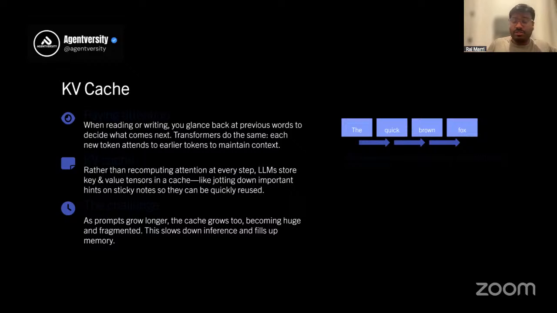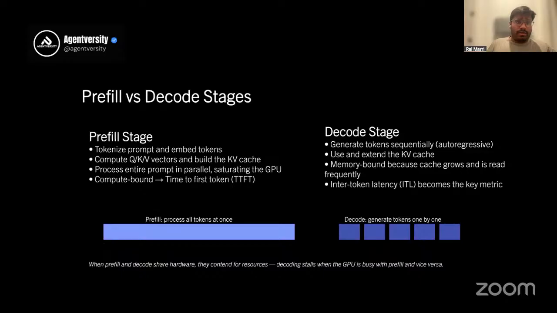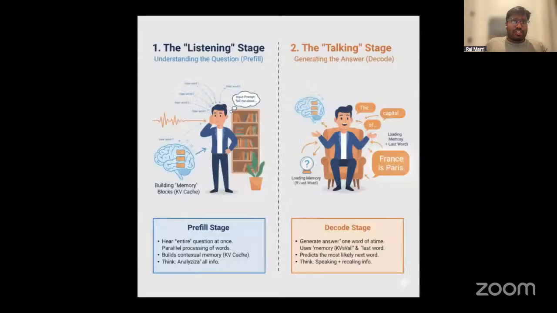There are different strategies to do that. There are two stages that you need to understand: the pre-fill stage and the decode stage. Whenever we ask a question to ChatGPT or any model, imagine it as a listening stage. It's listening to your question, which could be a few lines or a PDF that you're sending, and it has to listen to all of that.